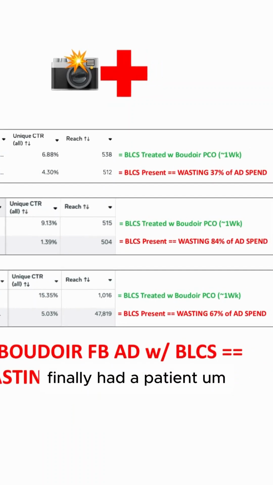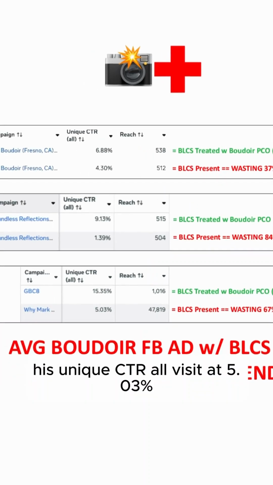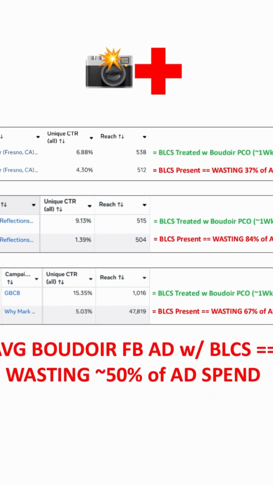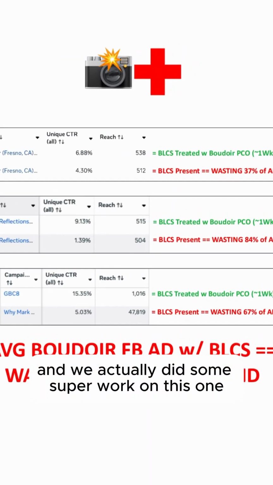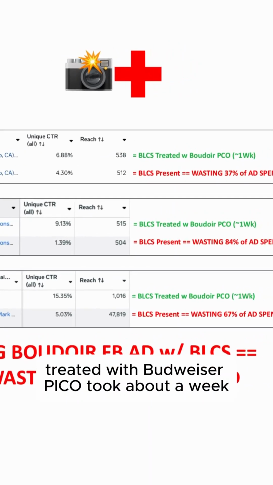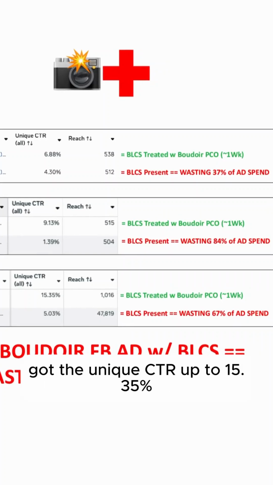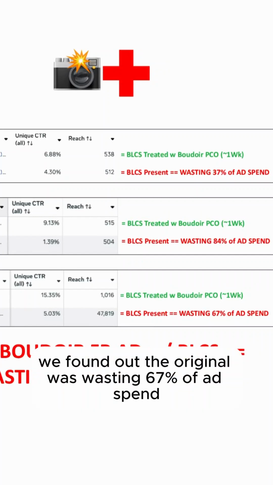Finally had a patient, his unique CTR on his ad was 5.03%, and we actually did some super work on this one. Treated it with Boudoir Pico, took about a week, got the unique CTR up to 15.35%. So found out the original was wasting 67% of ad spend.